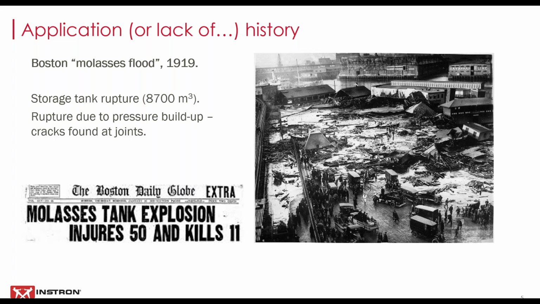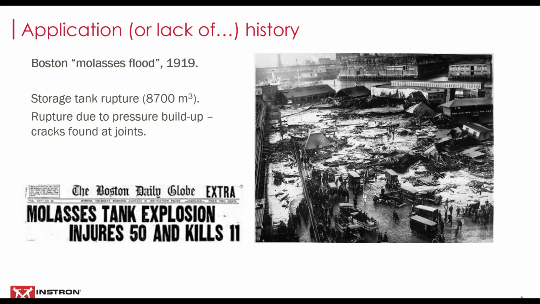First off, the Boston molasses flood, which certainly in Europe is something very few people have heard of. And this was an early industrial accident. Well, an early 20th century industrial accident. A very, very large storage tank, literally millions of gallons of molasses.